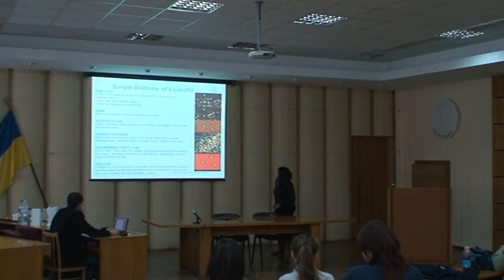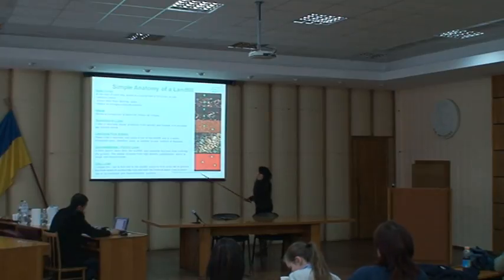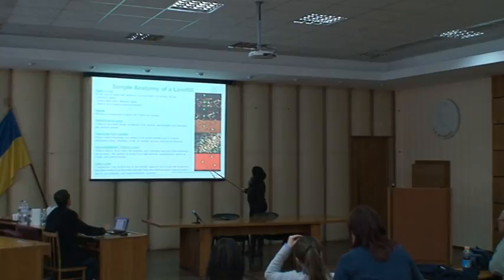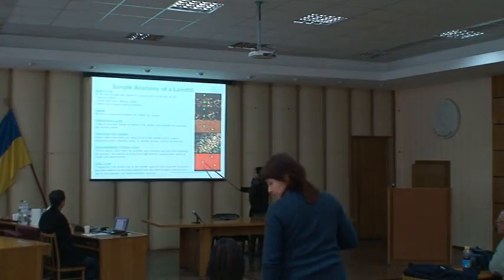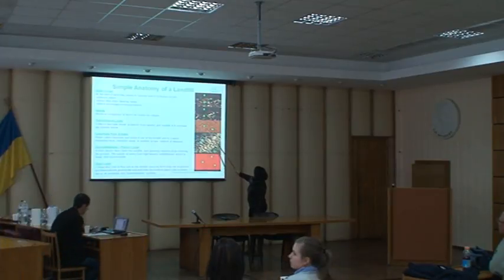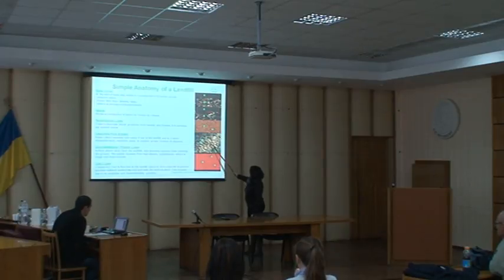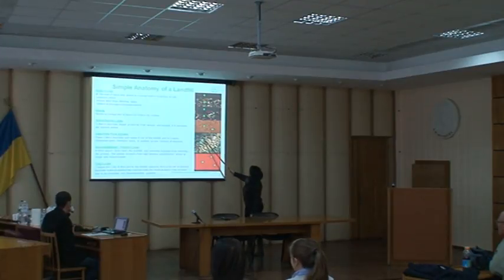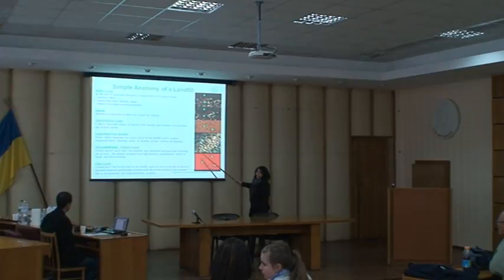This is a sample anatomy of a landfill. Just to explain, here you have, let's say, the clay, which is impermeable soil, and here we have gravel. This is to help the drainage of the leachate. These are small canals to collect the leachate.